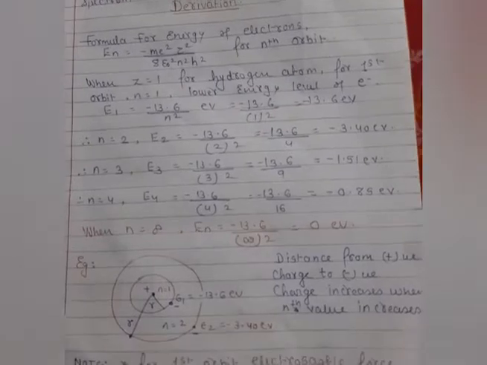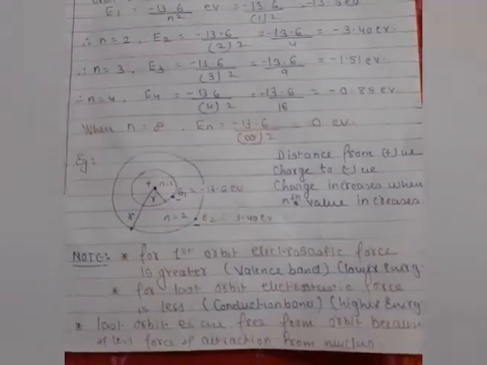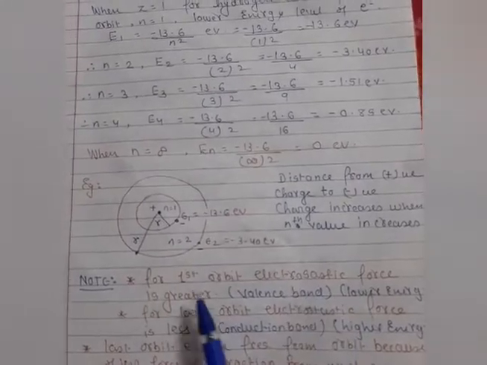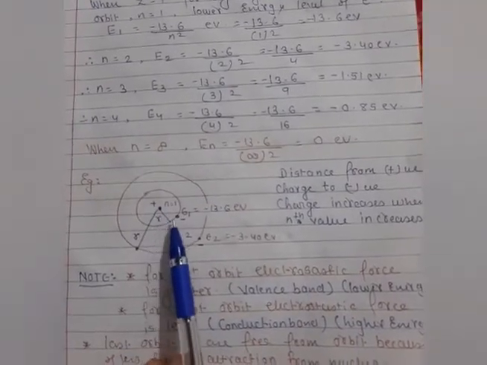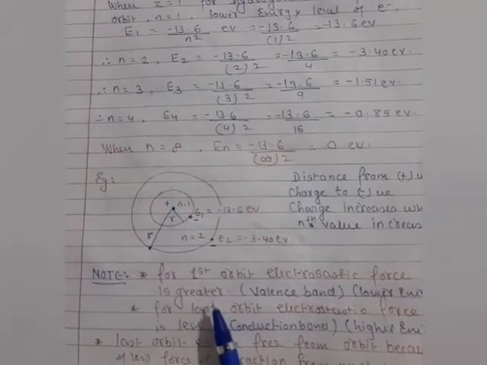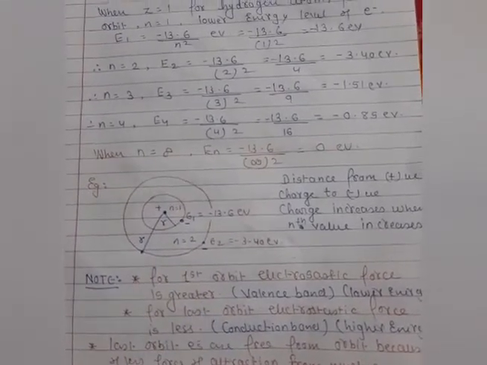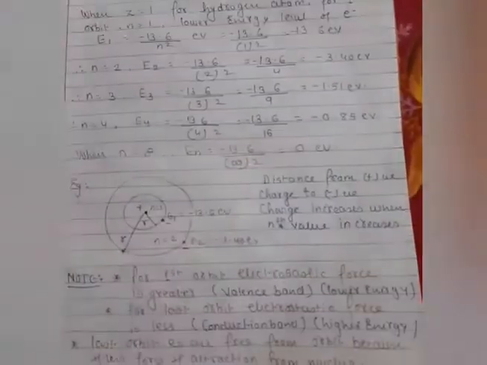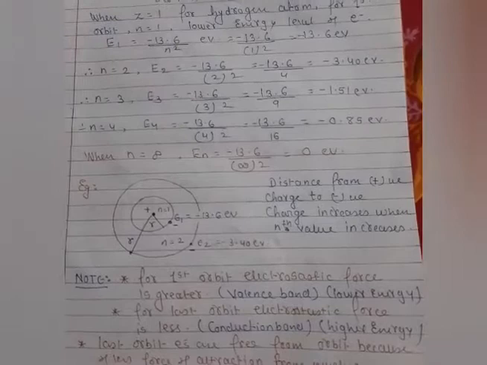Let's move on to some notes regarding this condition. Here we have the first note. For the first orbit, the electrostatic force is greater, as I already explained, because here the orbit is very close to the nucleus. As we have already studied about semiconductors, and if you don't have the concept, here I can explain.